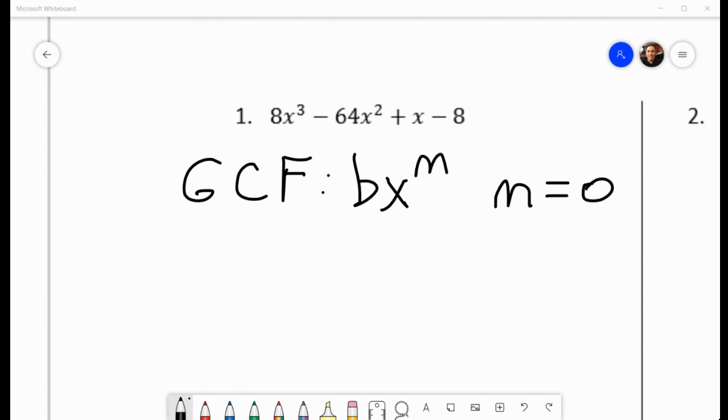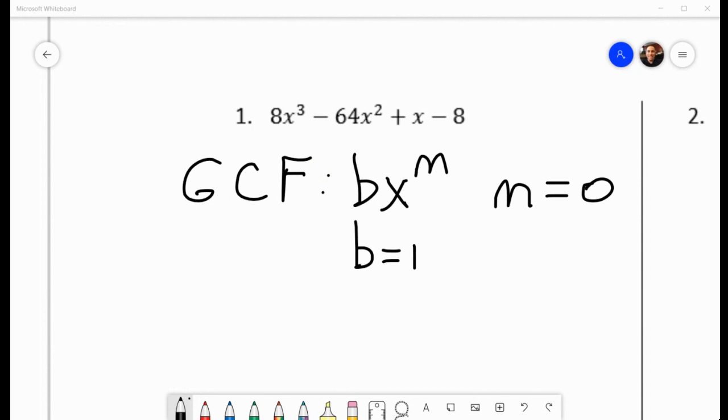But what about b? Well, remember, b is the greatest common factor of 8, 64, 1, and 8. But it has to be 1, because the only factor of 1 is 1 itself.